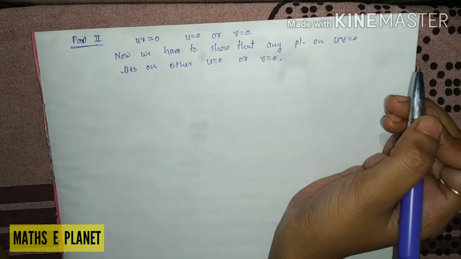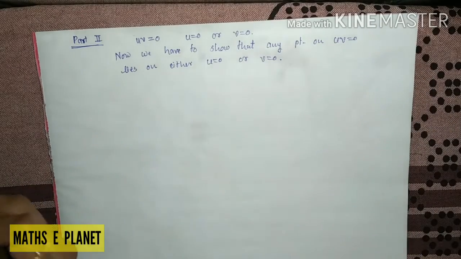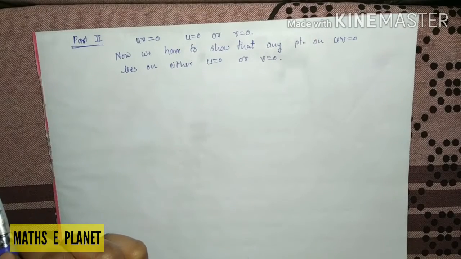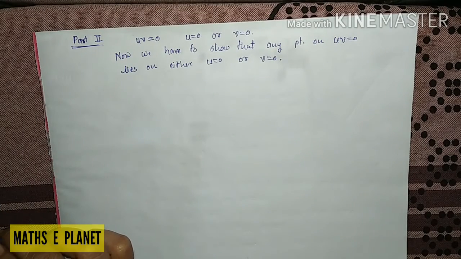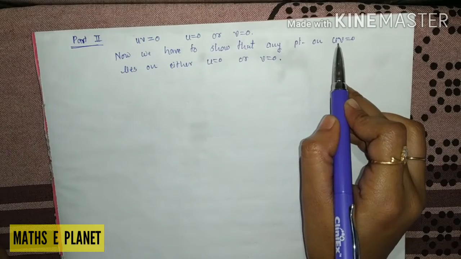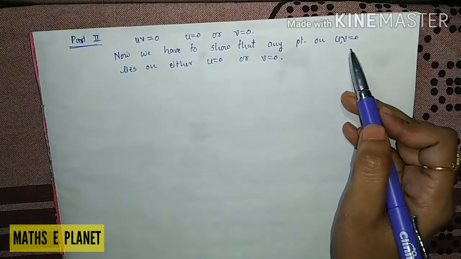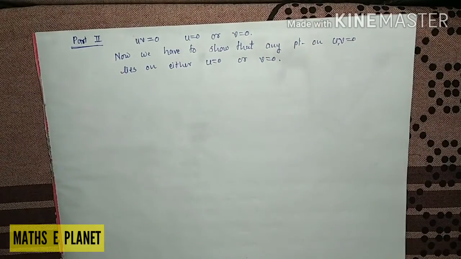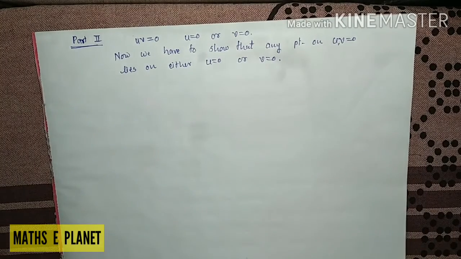Get it? So we take a point on this locus, and from that equation we can easily show that the point lies on either u is equal to 0 or v is equal to 0.